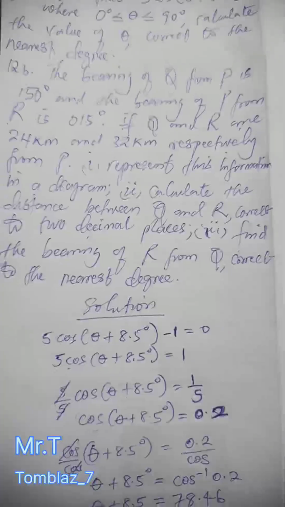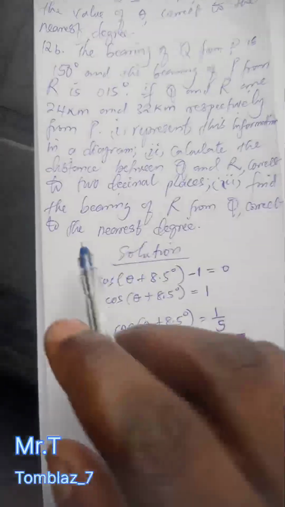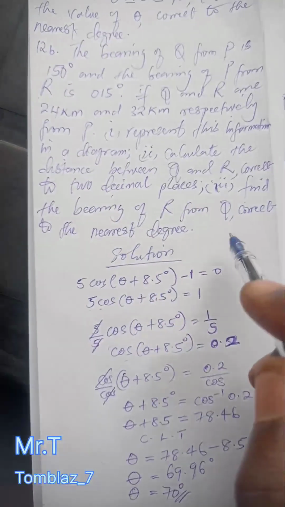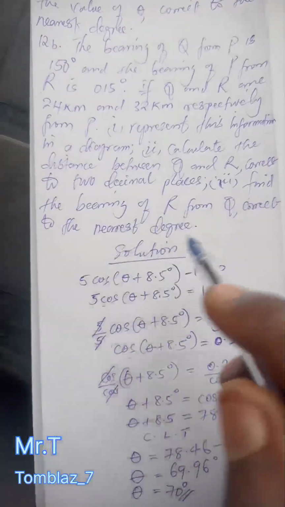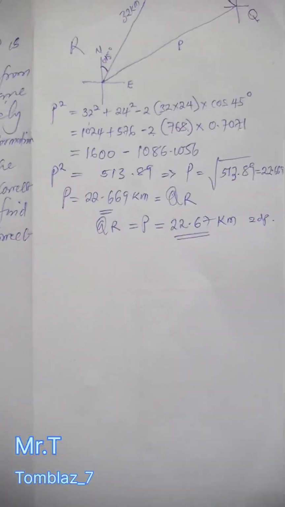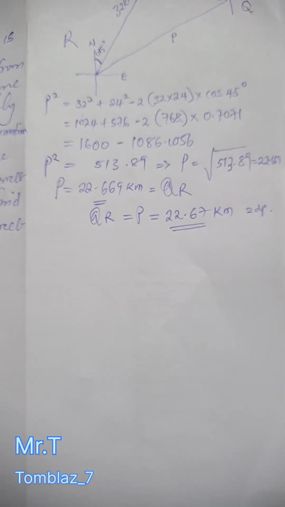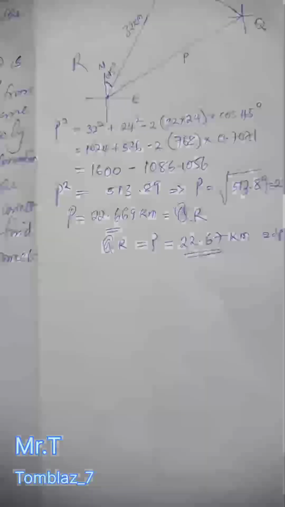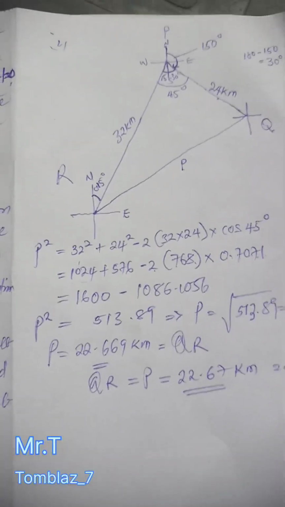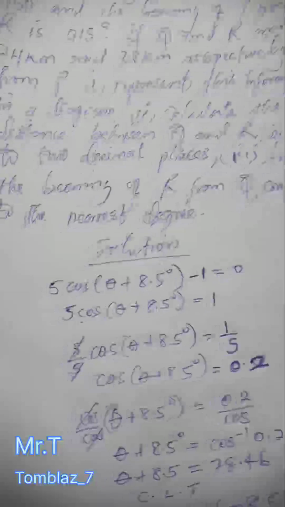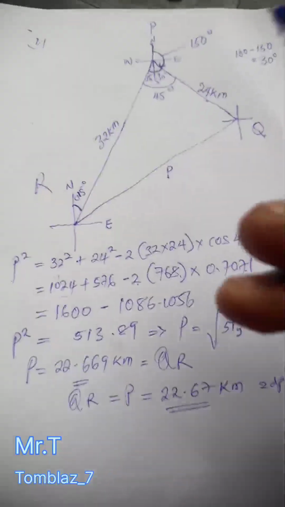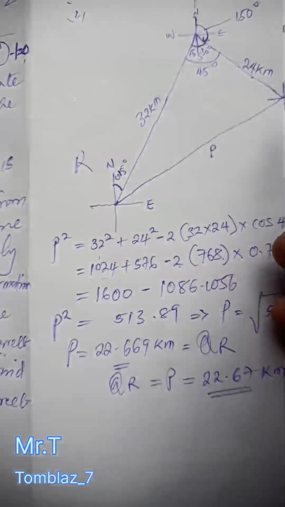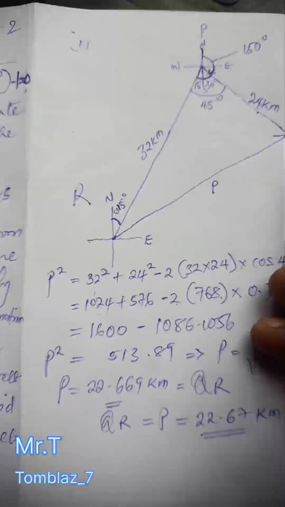All right, let's do the last question. The last question said find the bearing of R from Q, correct to the nearest degree. So let's analyze the diagram now.